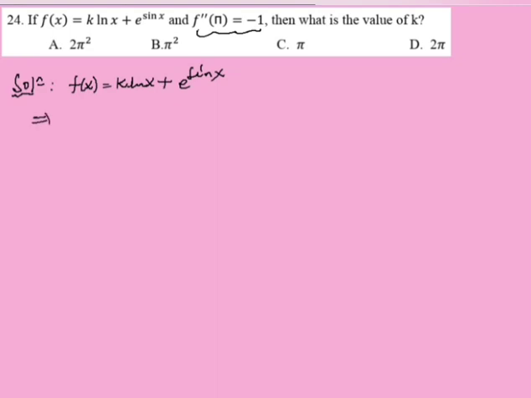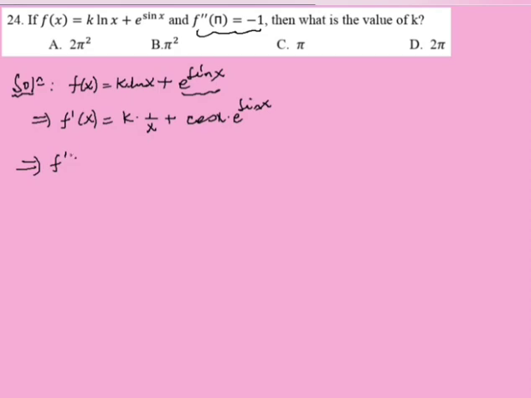So its first derivative becomes k times the derivative of ln x, which is 1 over x, plus the derivative of e to the power of sine x, which is cos x times e to the power of sine x. You can use the chain rule. So this is the first derivative.